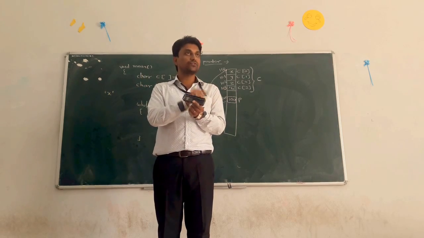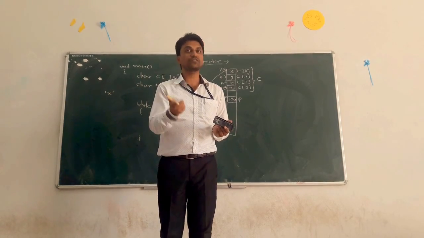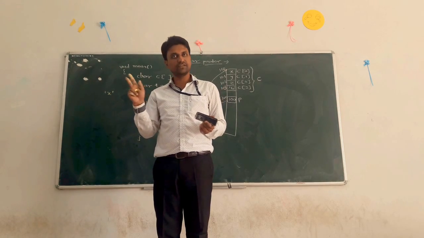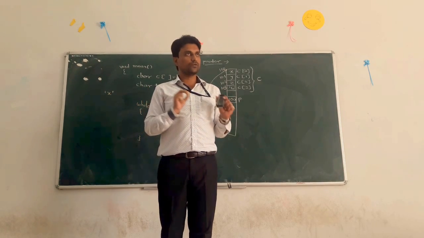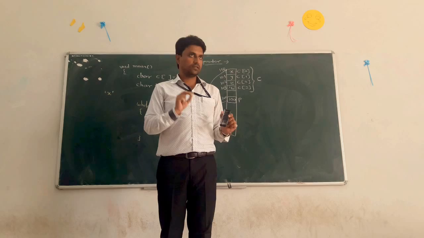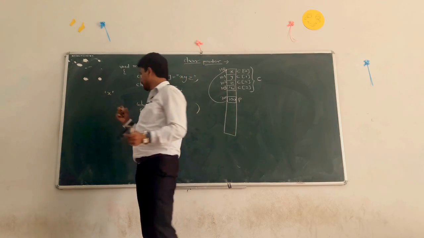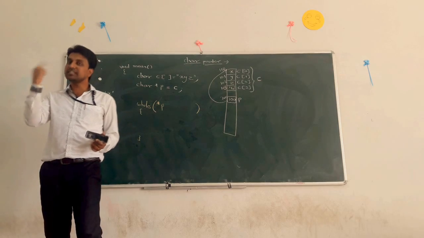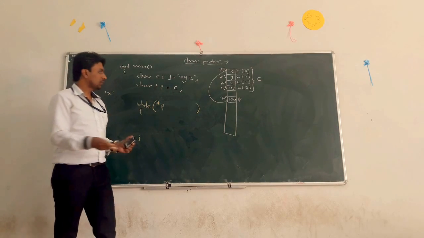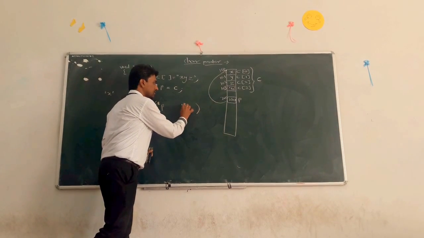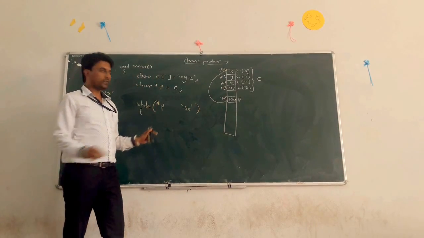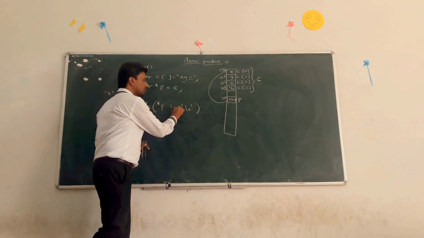We can assign using equal to, but two strings we cannot assign, and we cannot compare them using comparison operators. Understand? So pointer p gives you a single character, so we can compare it with slash 0: pointer p not equal to slash 0.